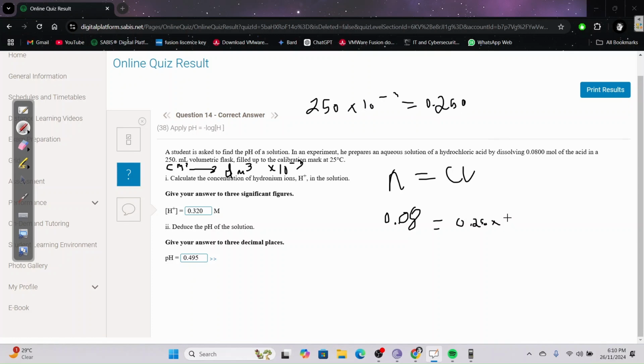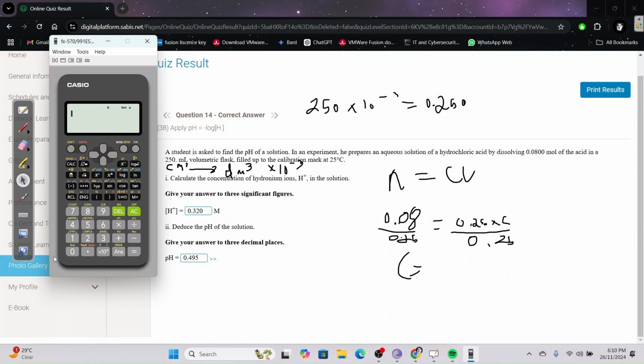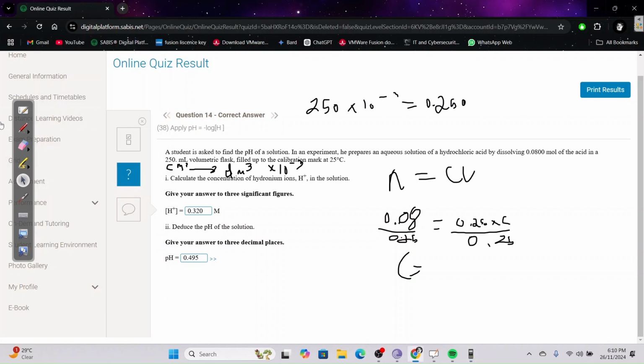Multiplied by our concentration. So to find C, you divide both sides, so 0.250 here and 0.25. What you do now, you do it on the calculator. 0.08 divided by 0.25, which gives you 8 over 25. 0.32 or 0.320 to three significant figures.